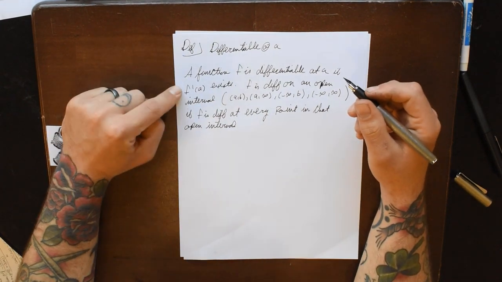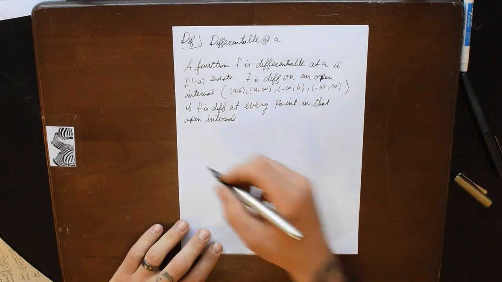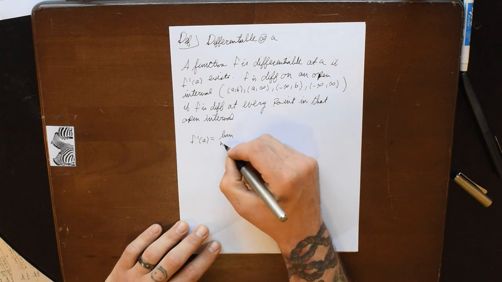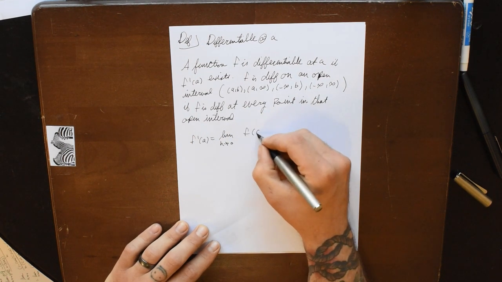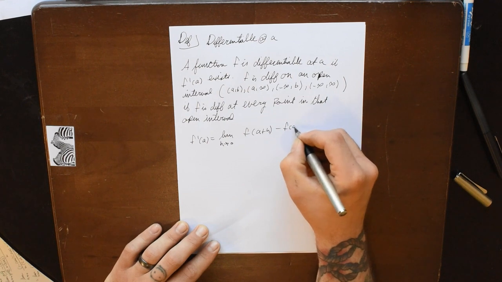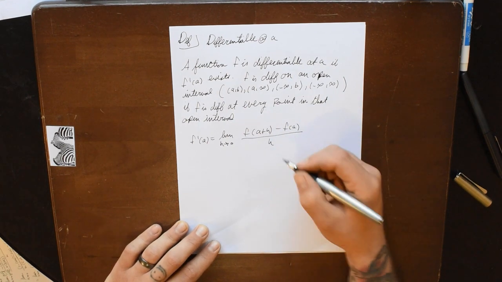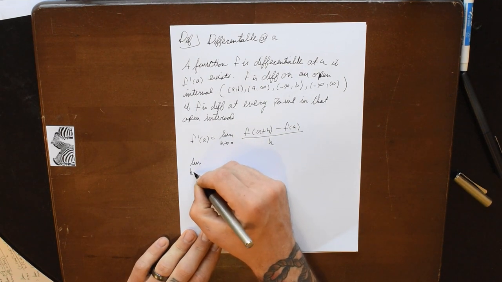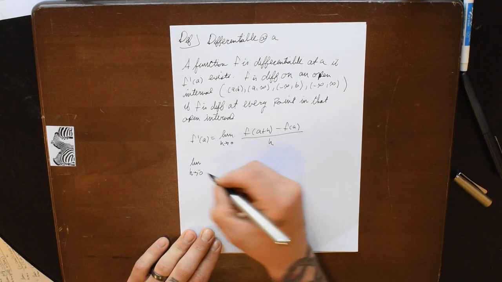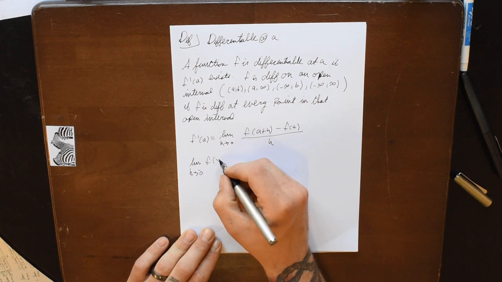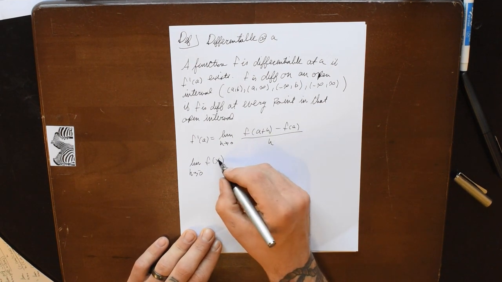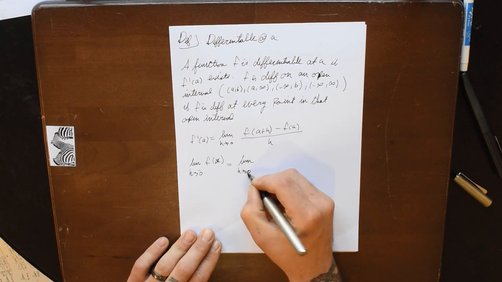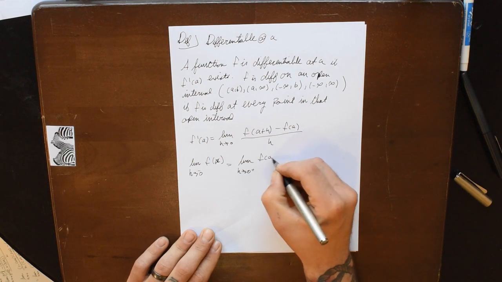So f is differentiable if that limit exists. And remember, f prime of a is equal to the limit as h goes to 0 of f of a plus h minus f of a all over h. In order for this limit to exist, the limit as h approaches 0 from the left of f of a, I should say, is equal to the limit as h approaches 0 from the right of f of a.